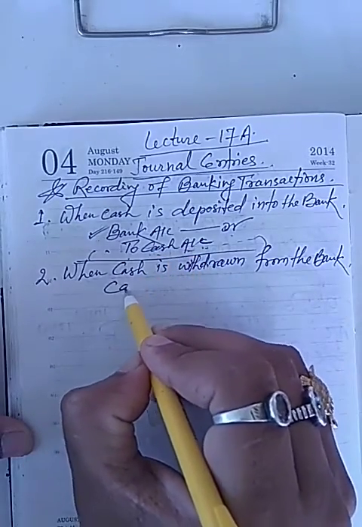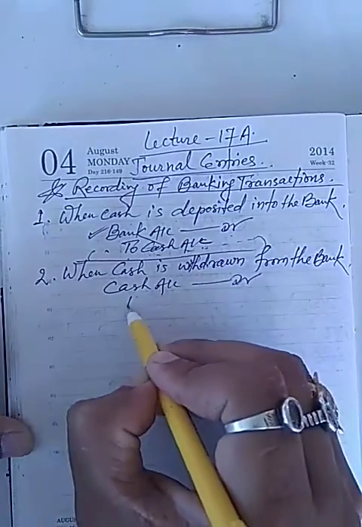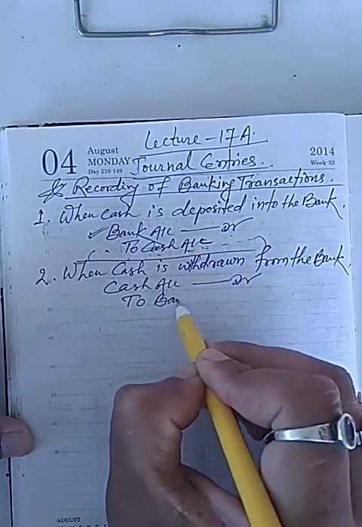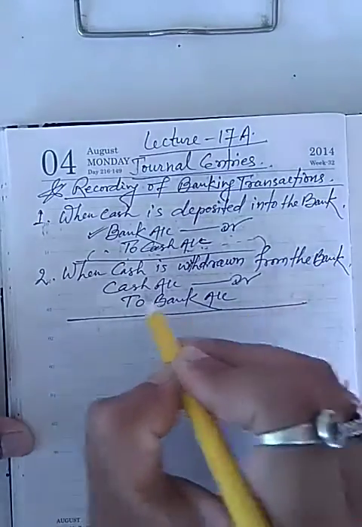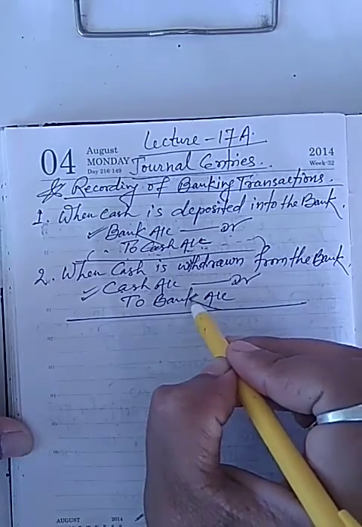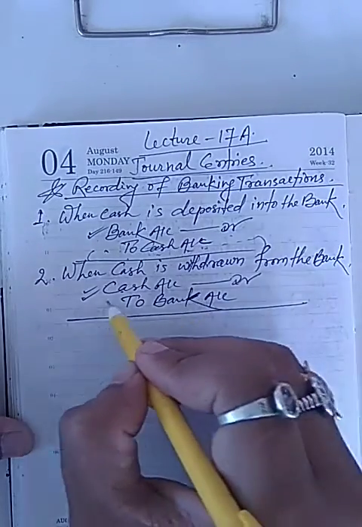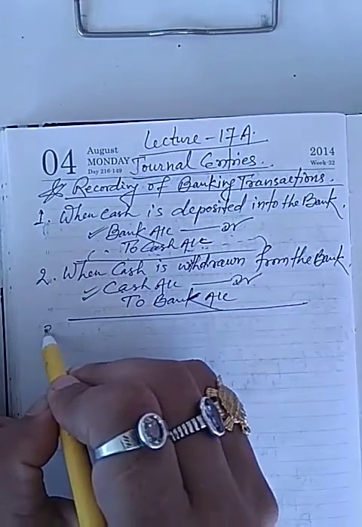It will be cash account DR to bank account, because cash is coming in my business and bank is giver, so cash account will be debit and to bank account.